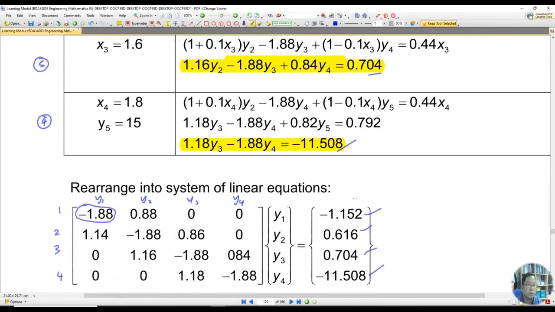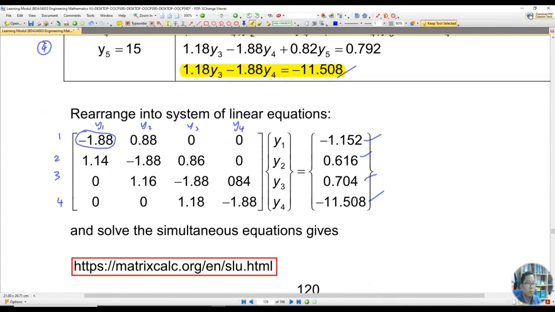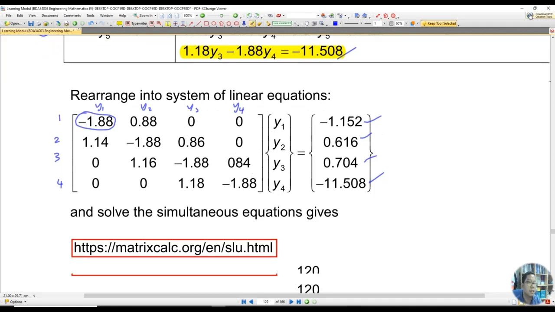0.61 and so on. From this, please do not use Gauss elimination or any manual method. You just put it into your calculator and let your calculator do the rest in order to get this number.